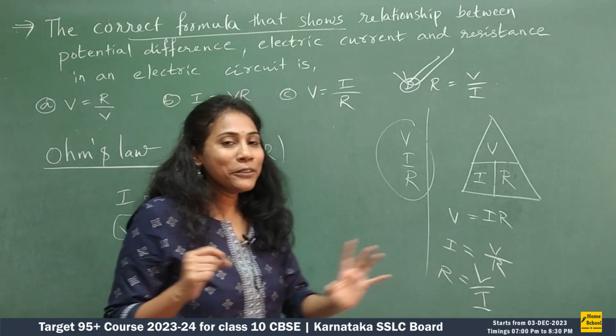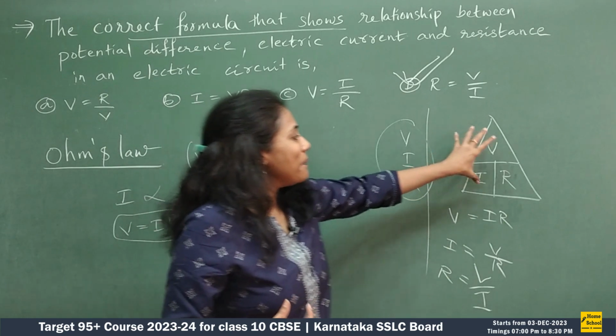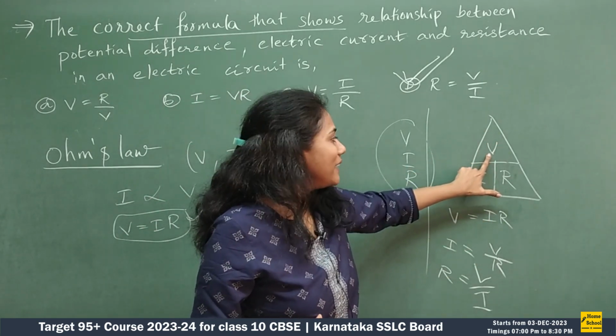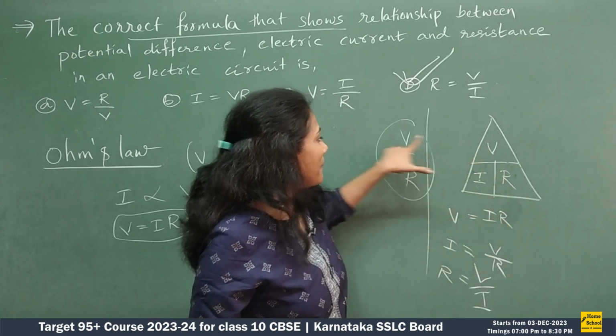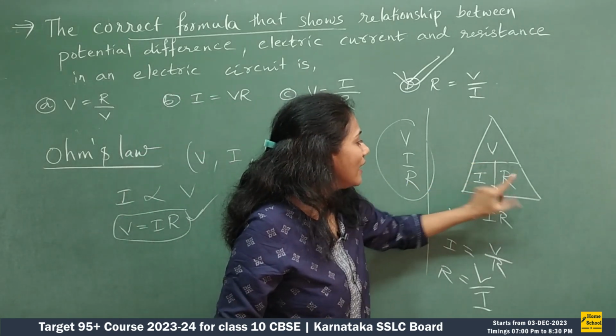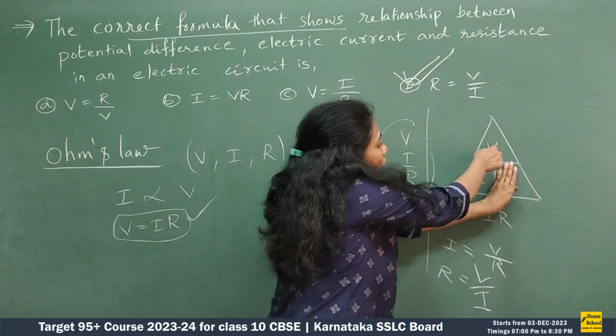So you don't need to think too much to rearrange. Just remember this diagram, triangle, V you write on the upper side, divide half, I and R you write in the bottom side. Remember this pattern, Veer. That's it. So V is equal to IR, I is equal to V by R, R is equal to V by I.